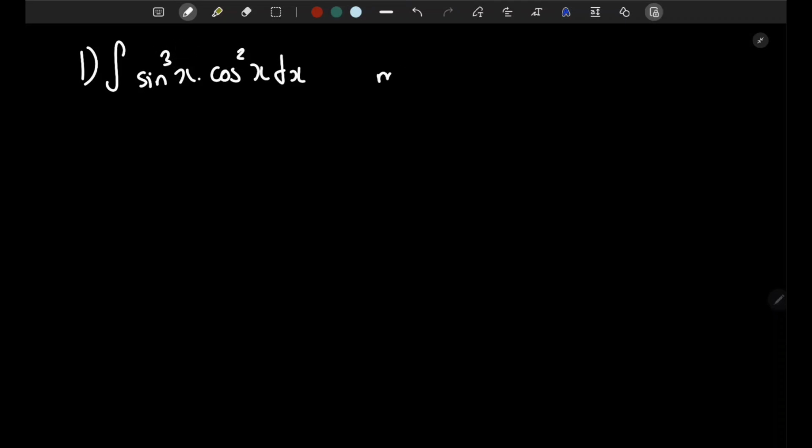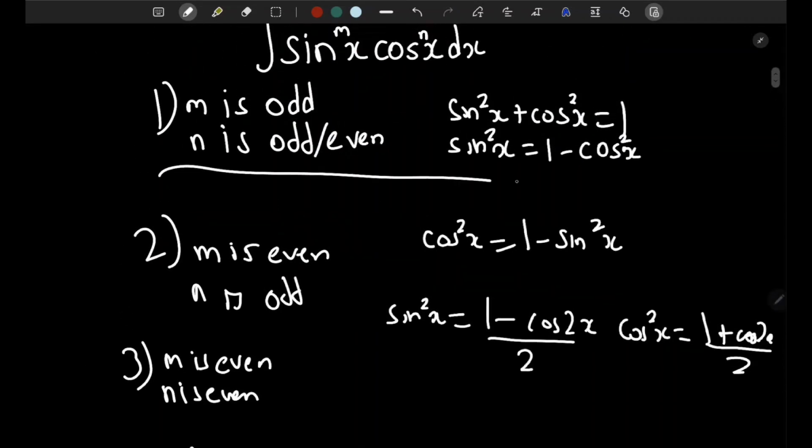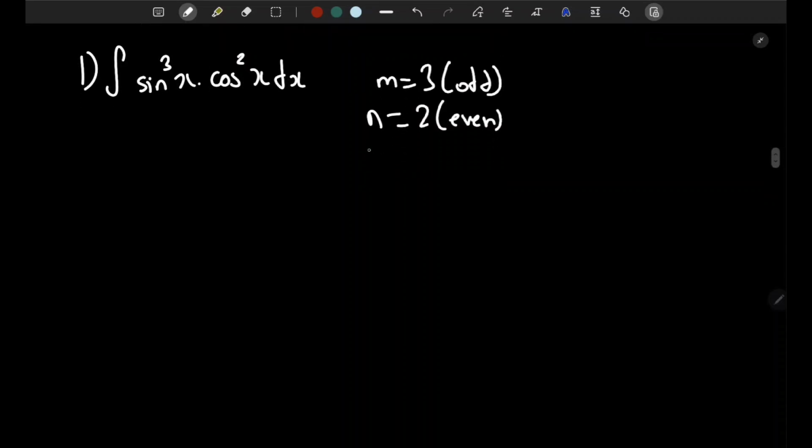So here m is 3, which is odd, and n, the power of cosine, is 2, which means that it is even. Which of our cases mentions that m is odd and n is even? If we go back up, it is the first case, and we need to use the equation sine squared x is equal to 1 minus cosine squared x. So we can write that down.